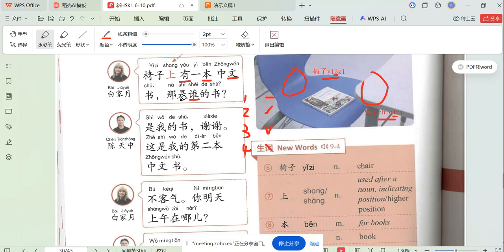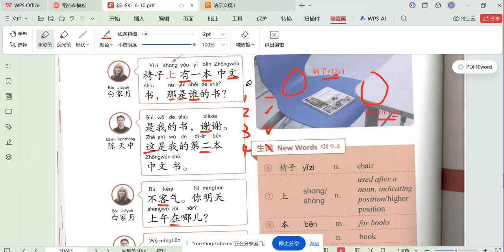For example here, 那是, 树, 谢, 叶, 这, 这, 就, 二, 课, 做, 在, 赞.